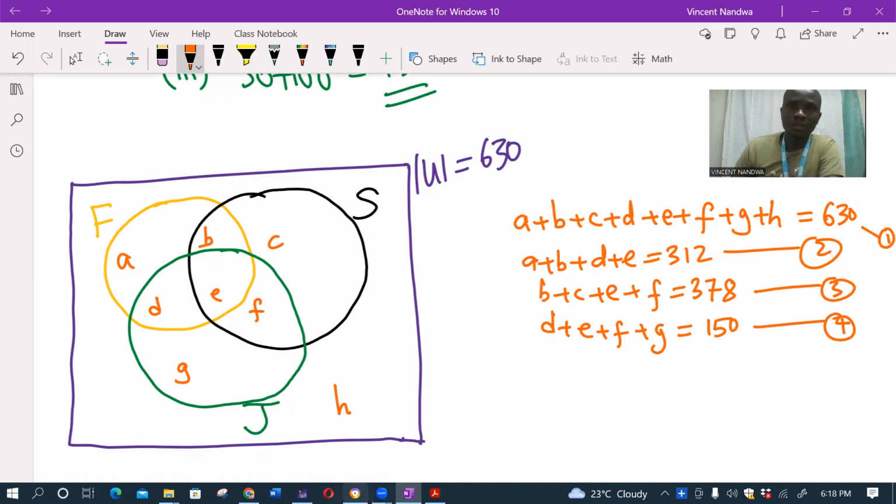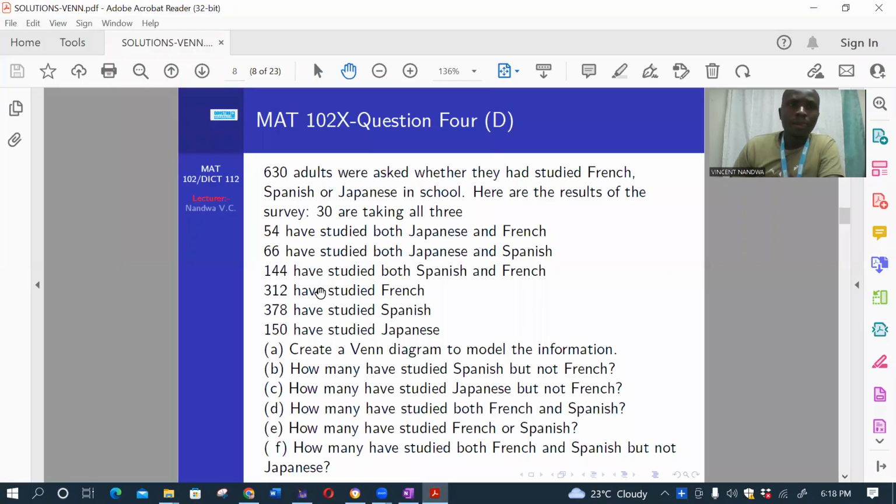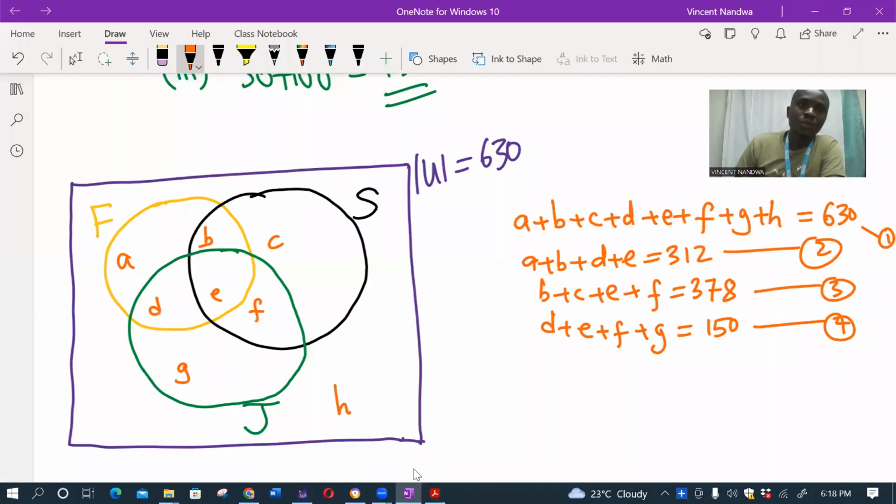Let's go to the intersections. 54 have studied both Japanese and French. So JF, the meeting point, total should be 54. JF is D, E, so D plus E is 54.